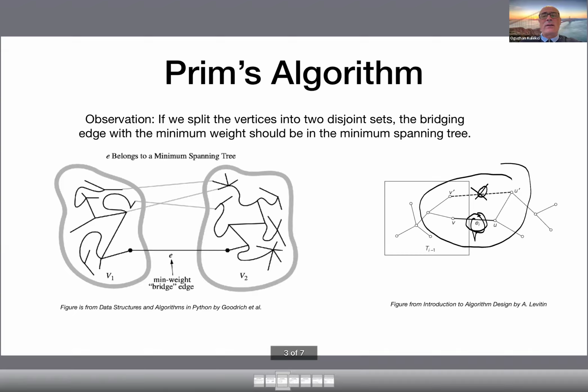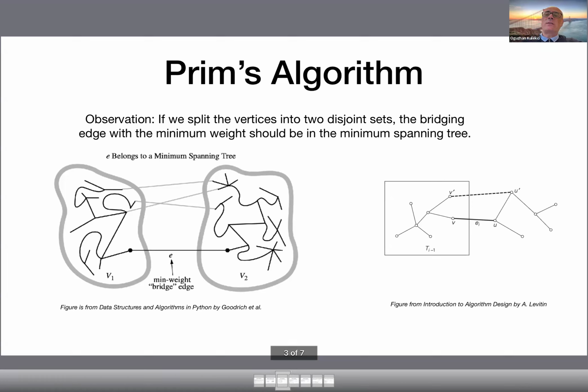So that is why the observation is correct. If you split the vertices into two subsets, you should always select the minimum edge connecting these two sets. That gives us a good idea about starting the minimum spanning tree.